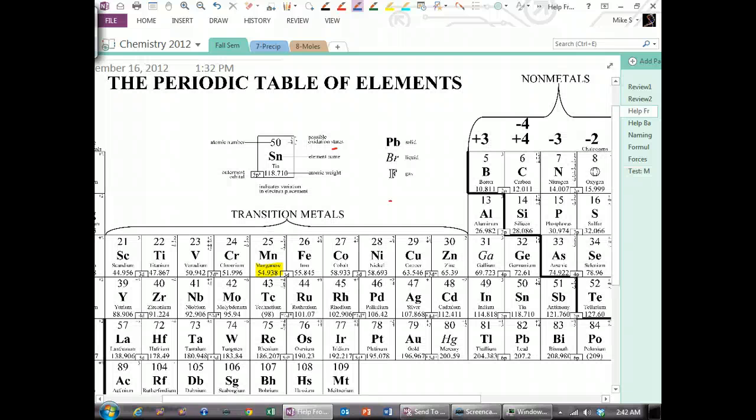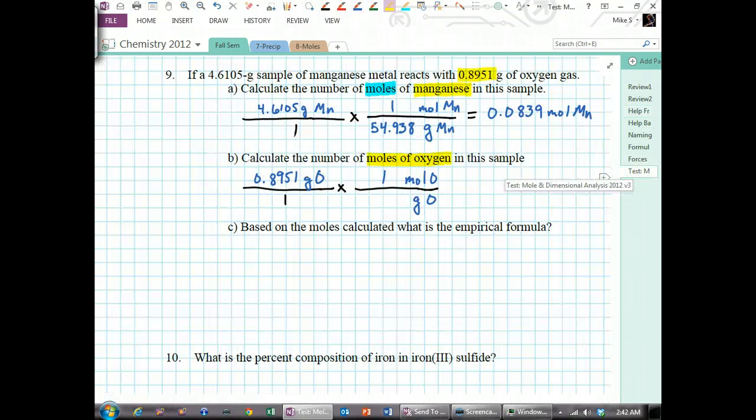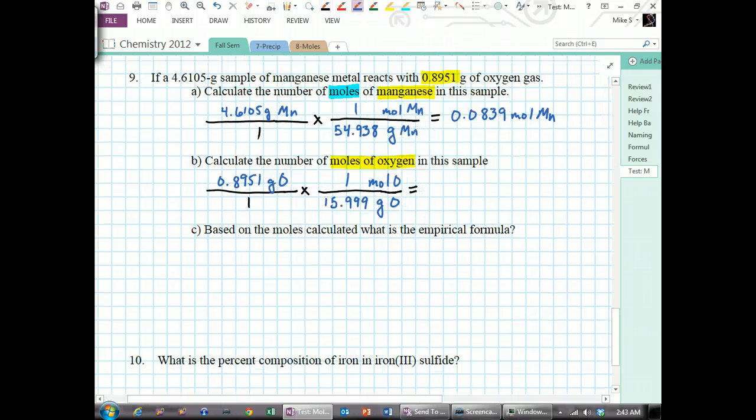And when I look on the periodic table, I see that oxygen has a weight of 15.999. So that is the mass of 1 mole of oxygen. And I'm going to divide the given by 15.99 to get me my moles of oxygen. That's 0.0559 moles of oxygen.